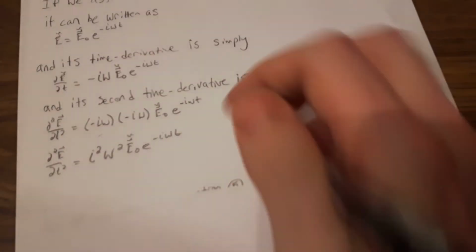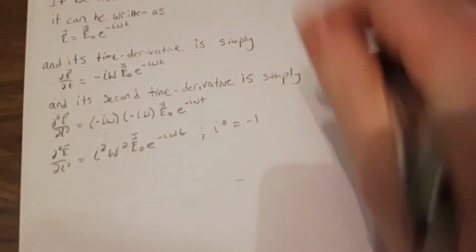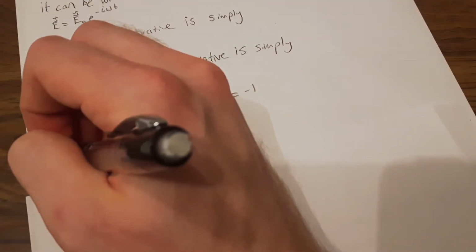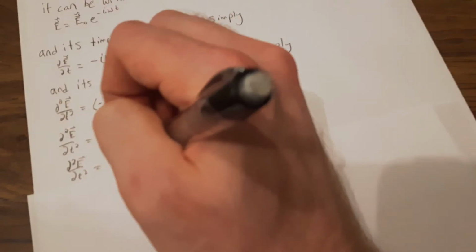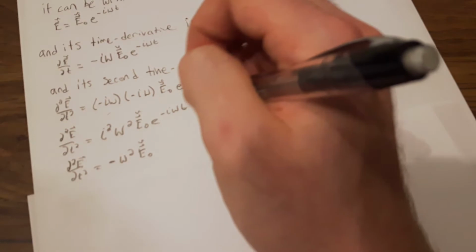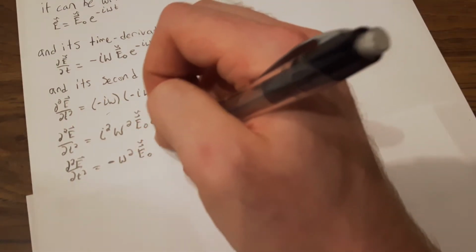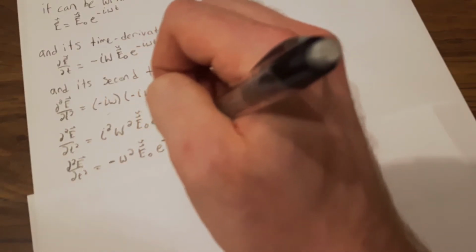But we know that i squared is equal to negative 1, so this can be further simplified to negative omega squared times epsilon naught, times the complex amplitude times e to the minus i omega t.